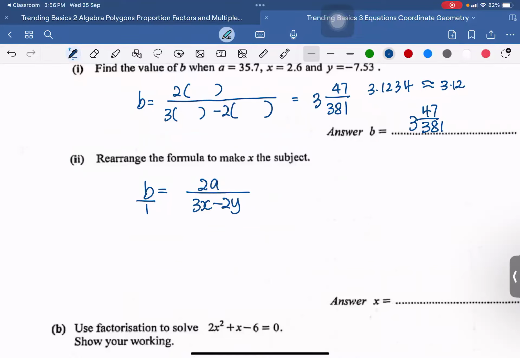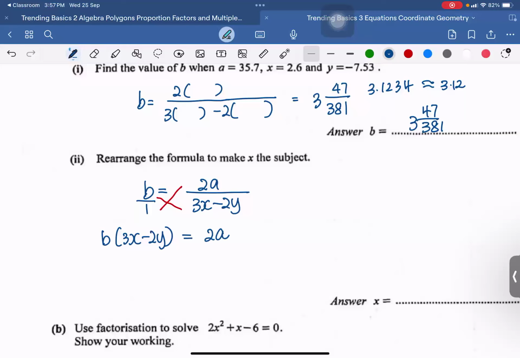First step. You switch the B to the 3x minus 2y. You mean cross multiply, is it? Yeah. Okay. Then where's the equal sign? Then where would I write the equal sign? In the middle. In the middle. Then okay.